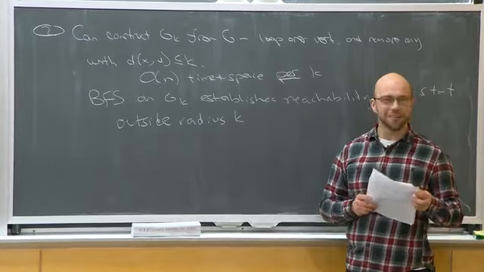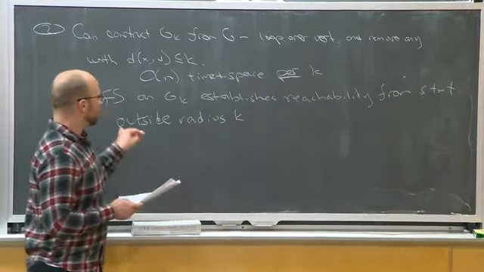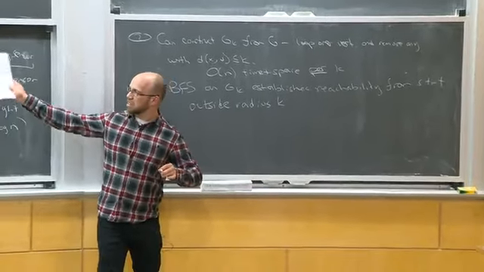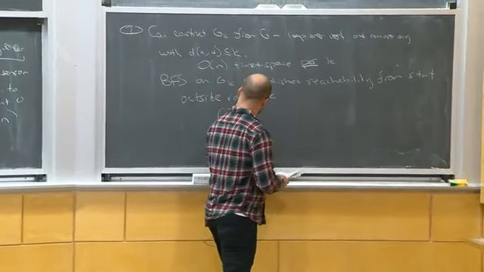Linear in the size of the graph. Right, so BFS takes time linear in the size of our graph. Our graph has size n, or kind of 2n-ish. So at the end of the day, this takes order n.